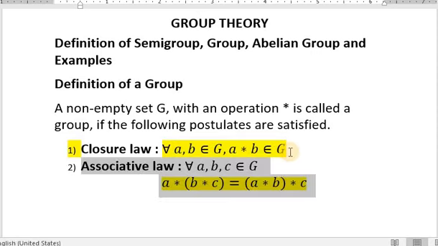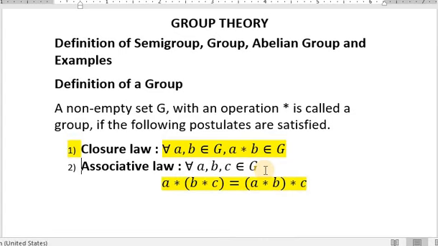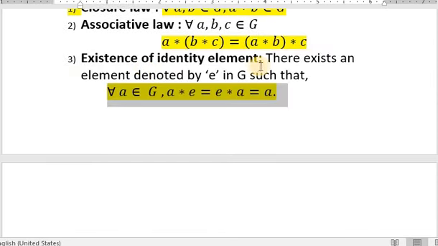Second postulate, associative law. For all A, B, C belongs to G implies A star (B star C) is equal to (A star B) star C. Existence of identity element.